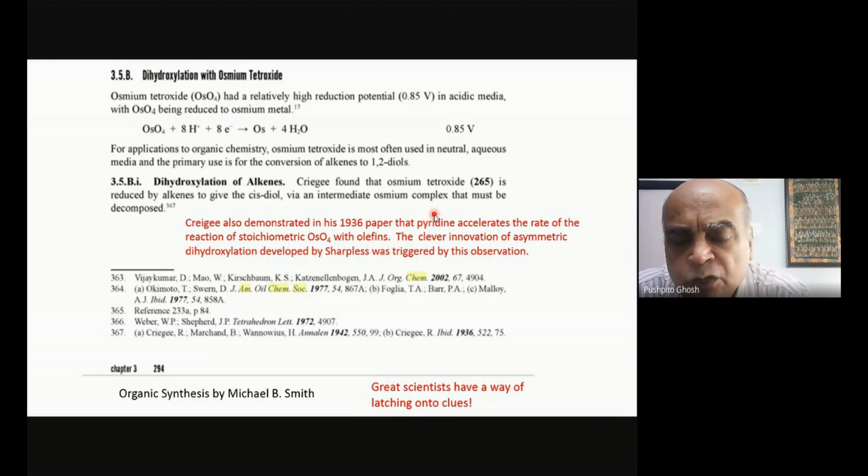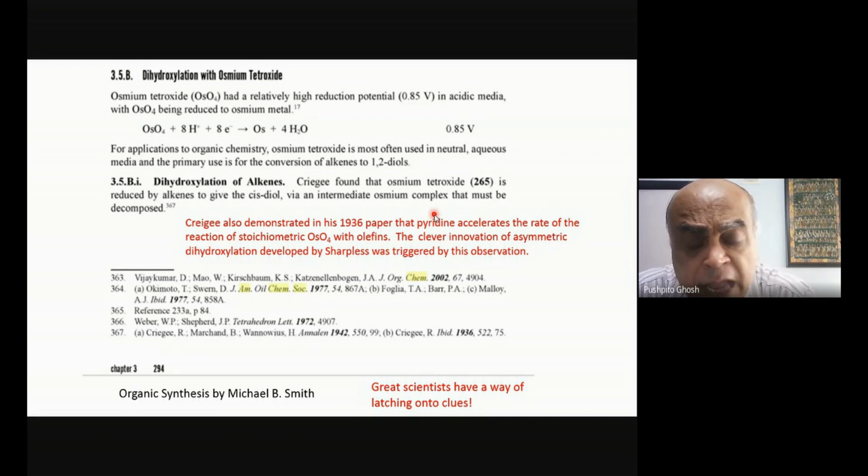So, for example, because of his interest in asymmetric synthesis, Sharpless realized that if he takes an olefin and introduces two hydroxyl groups, and the olefin is prochiral, then once the hydroxyl groups are made the compound becomes optically active, with two chiral centers.